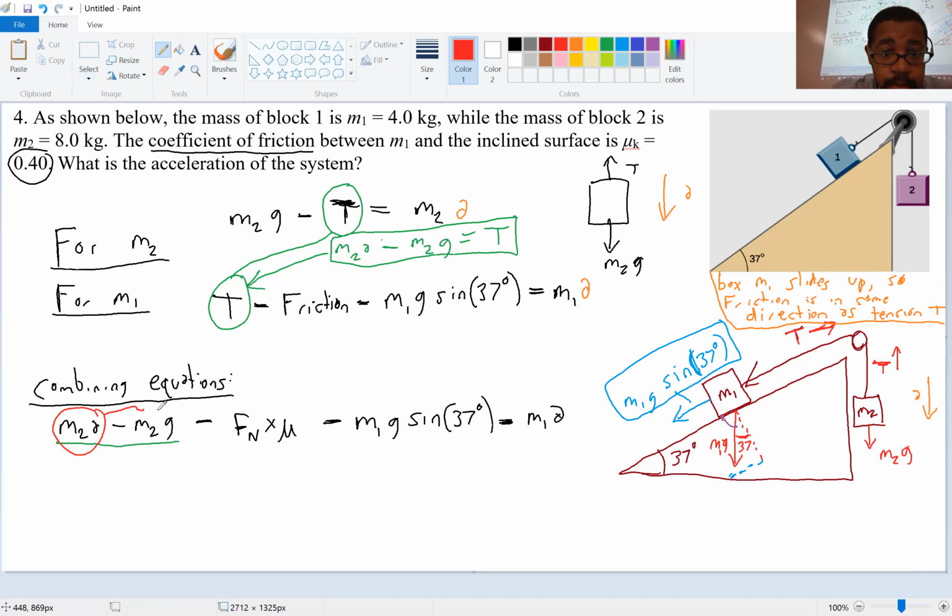I think it's going to be M2G minus M2A. Yeah, because the M2G should be positive, because that's your total force acting down. Okay. Yeah, right there. I did it wrong. Again, it's kind of the same problem I had last time. I tried to be fancy and it didn't work. So thank you for catching that.